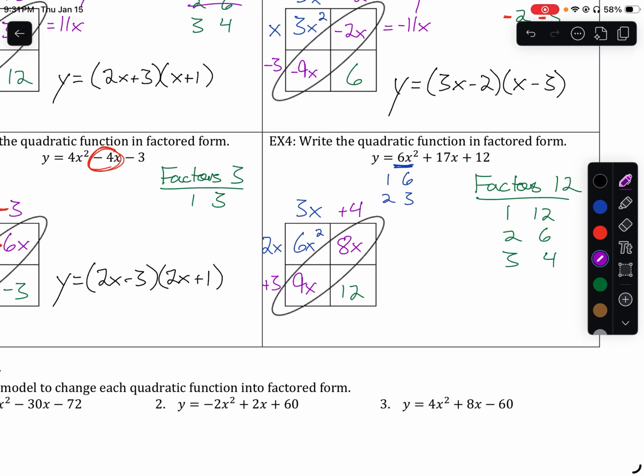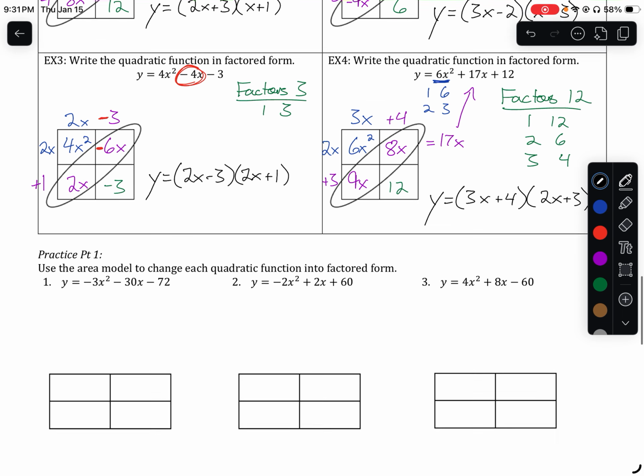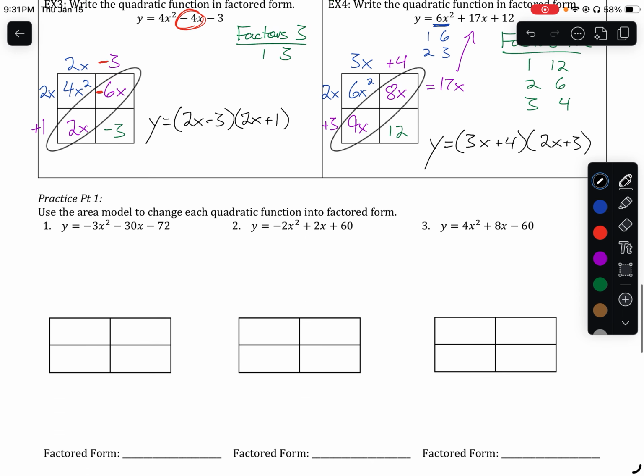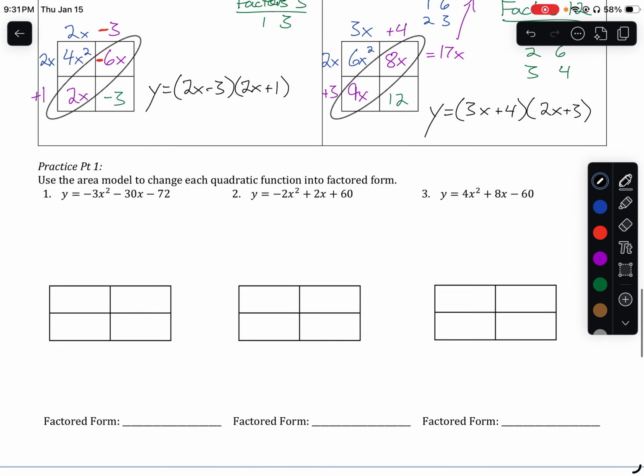Oh, well, that gives me that 17x right away. That's nice. I kind of fell into that answer there. So I get y equals 3x plus 4 times 2x plus 3. I welcome you to try these 3 examples that you have there. The answer key is posted in Google Classroom.